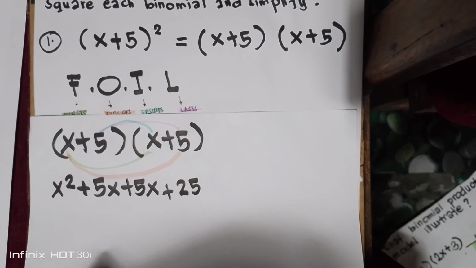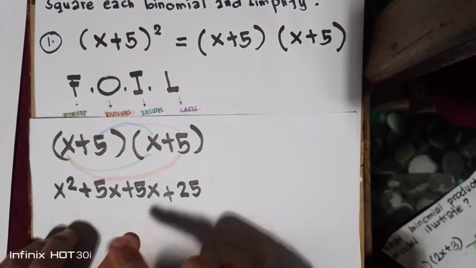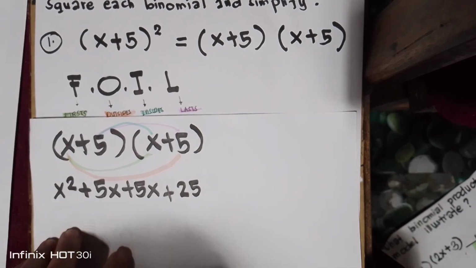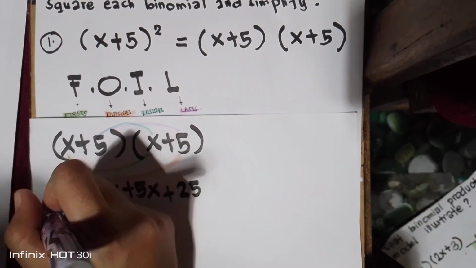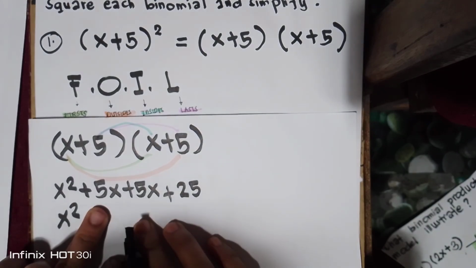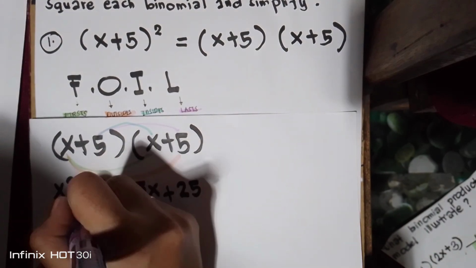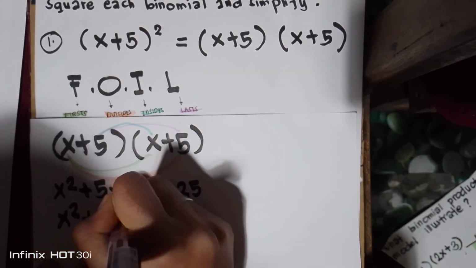As you can see, the middle terms are like terms, so we can combine them. Copy first the first term, x squared, and then combine. So we are going to add 5x plus 5x. The sum is 10x.